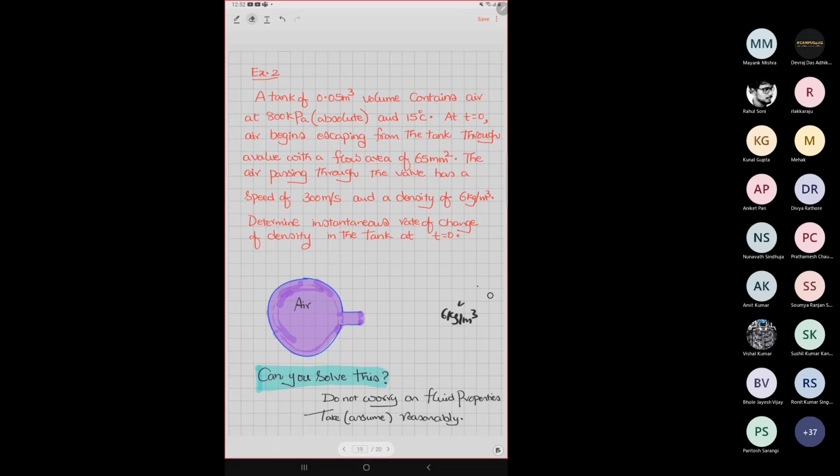That can also be possible. Shortly we will see. If that is the case, because it is passing through the flow wall, 65 millimeter square at 300 meter per second, and density is 6 kg per meter cube, can you find out the instantaneous rate of change of density? d rho by dt, can you really figure it out?